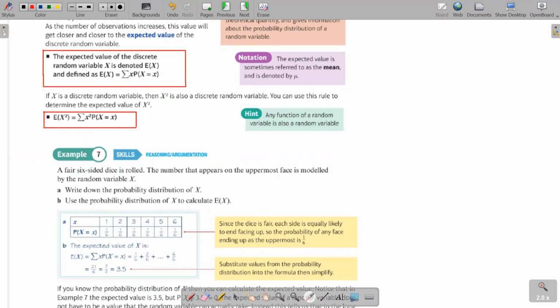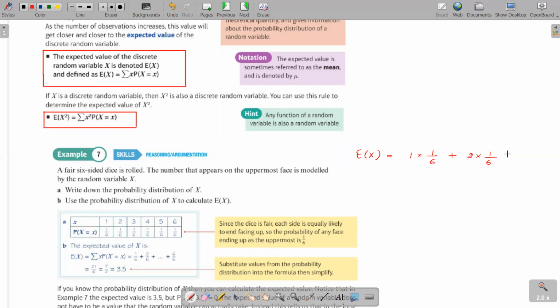So the first one, can you see what's going on here? We take the x and multiply with the probability. The expected value is: the x value is 1, you multiply by the probability, 1 over 6. Are you with me? 1 into 1 over 6. That's the first pair. Plus the next pair: the x value is 2, the probability is 1 over 6, so plus 2 into 1 over 6.